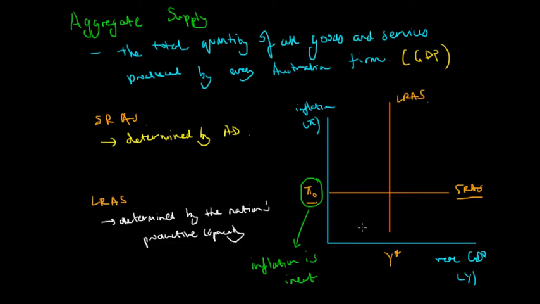There are two main factors contributing to the inertial rate of inflation, and first we're going to talk about why inflation is inert. The first reason is menu costs. If we walk into a pizza shop and a large pizza costs $17, we're going to demand this pizza because the marginal benefit of consuming it is greater than $17.